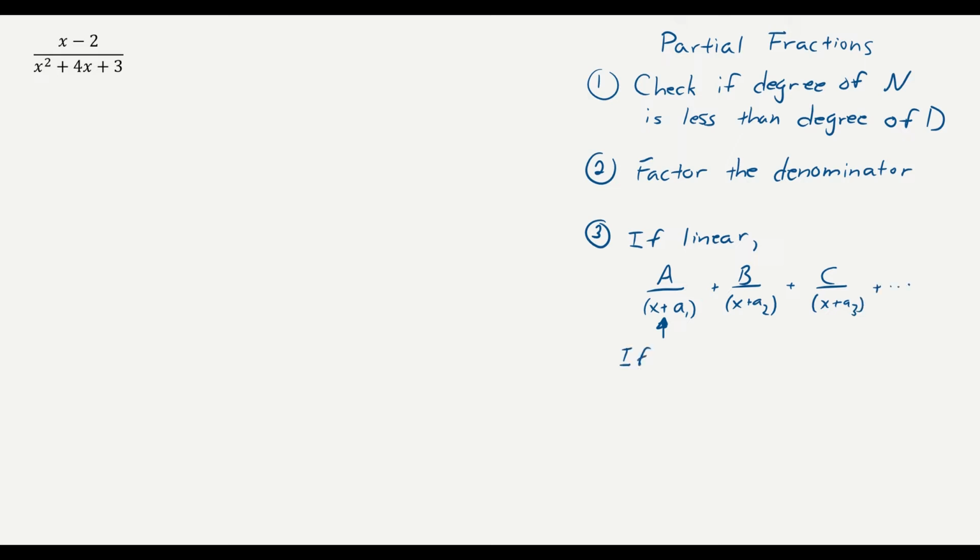If the factor is quadratic and you can't break it down any further, then it's going to be of the form ax plus b in the numerator divided by your quadratic factor, whatever that is. And this process would also continue for as many quadratic factors as you have.